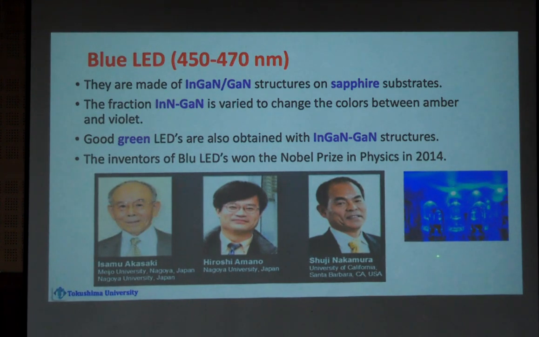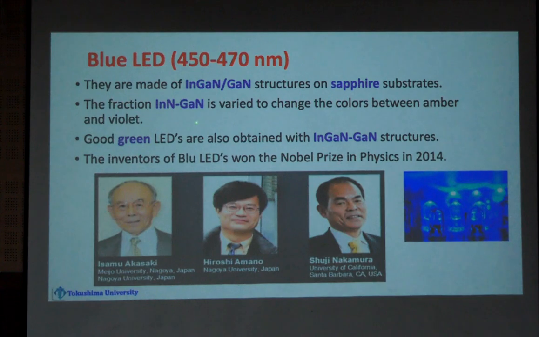You might have read the story or seen the news. 10 years before, maybe you were a high school or junior high school student. They made an indium gallium nitride and gallium nitride heterojunction on a sapphire substrate initially, to make the blue LED.